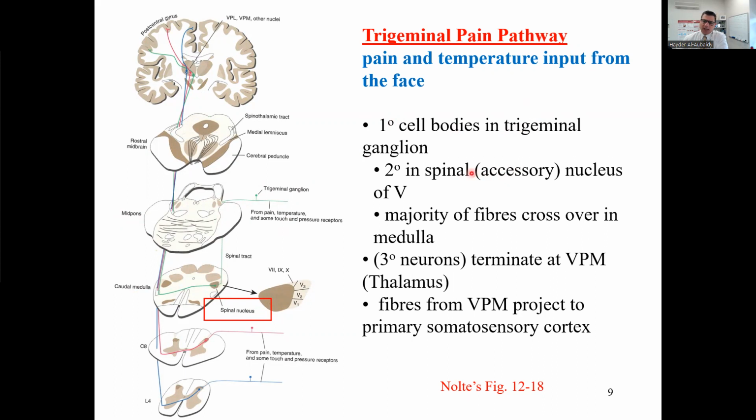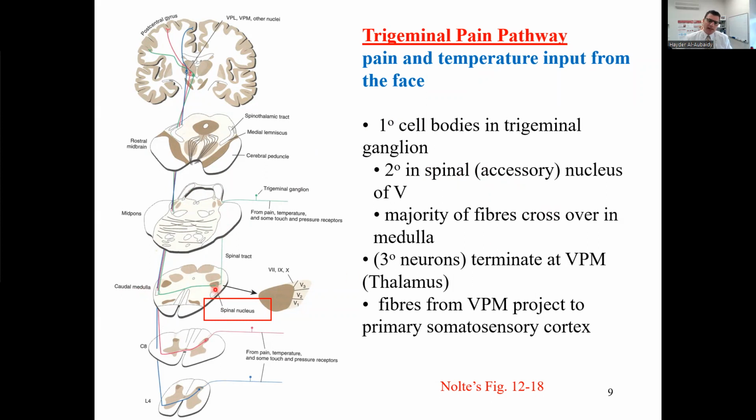Sometimes the spinal nucleus is also called the accessory trigeminal nucleus, because the trigeminal nerve has two sensory nuclei: the main sensory nucleus, which is at the same level of midpoints, and the accessory or spinal nucleus at the level of the caudal medulla, referring to the lower parts of medulla.